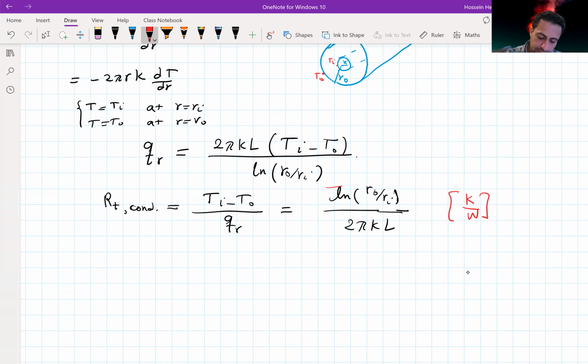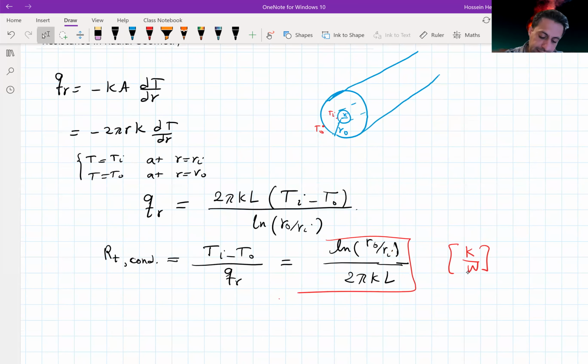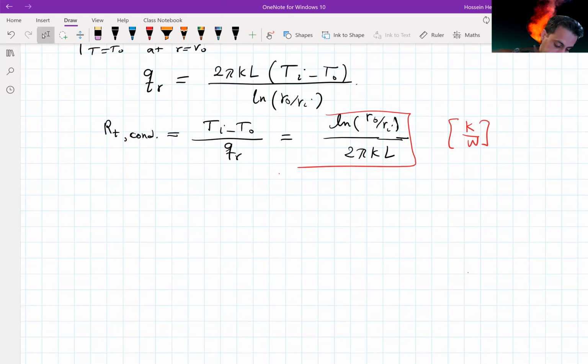So this is going to be the conductive thermal resistance in a cylindrical geometry when we have this single layer that is resisting the heat flow.